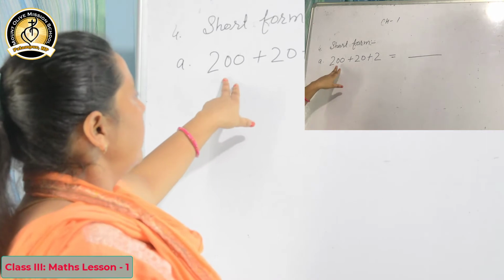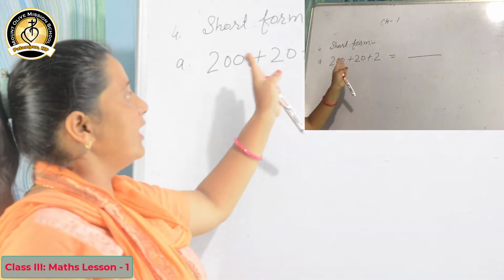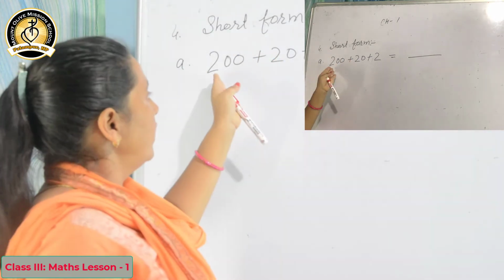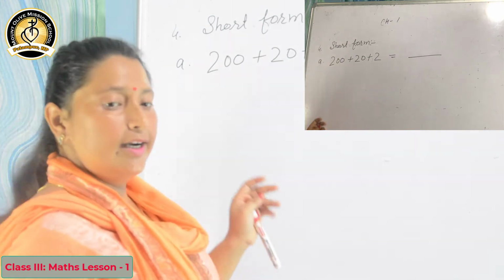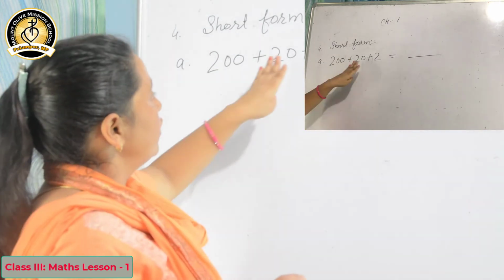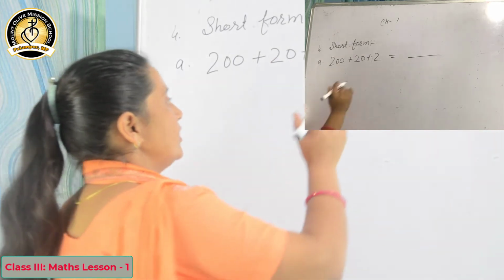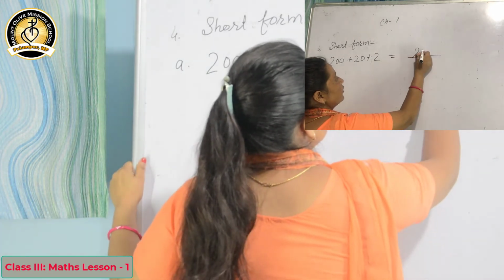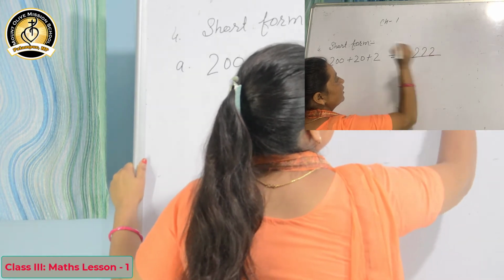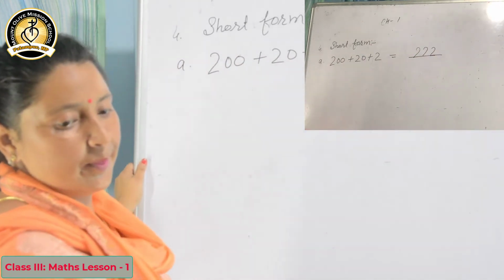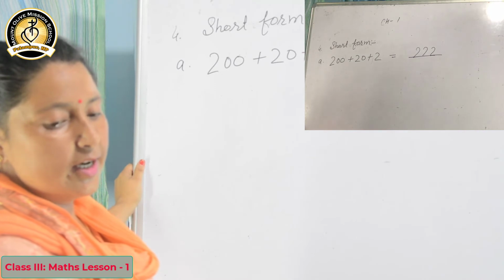So 200 plus 20. 200 में कितने ऐड करेंगे? 20. 200 में 20 ऐड करें तो 220. Okay? And 220 में फिर 2 ऐड करें तो 222. So write 222. Okay? Come on the question number B.